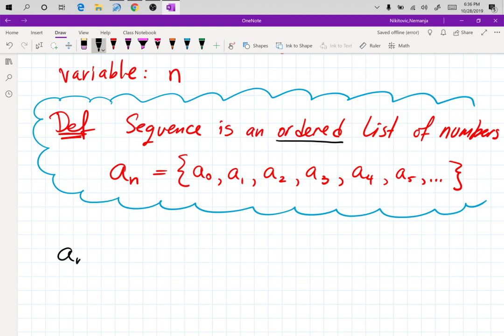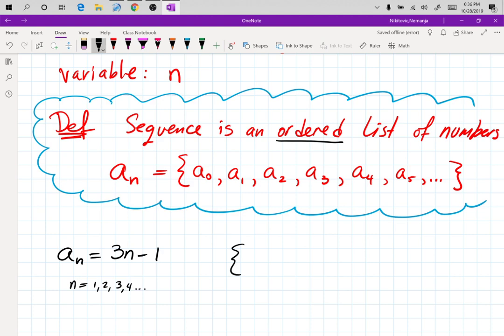Well, I can say a_n is equal to 3n minus 1. And we can start counting at n equals 1, 2, 3, 4, and so on. So if I choose to start counting at 1, I can write out the sequence of numbers.